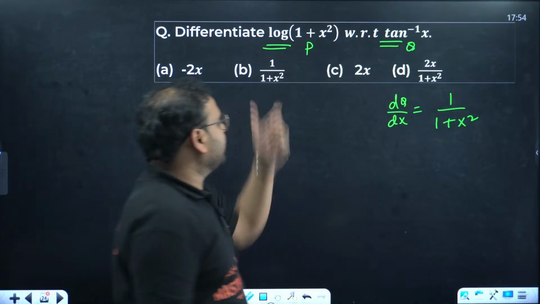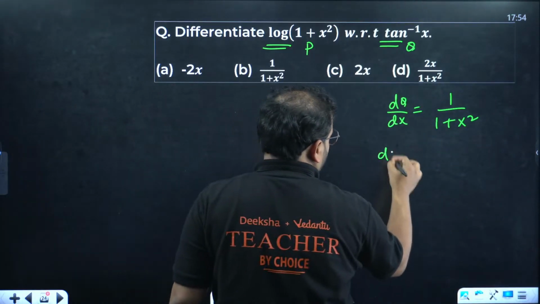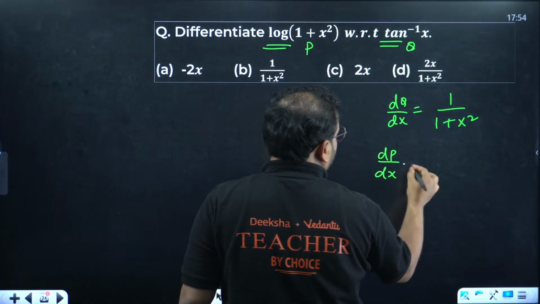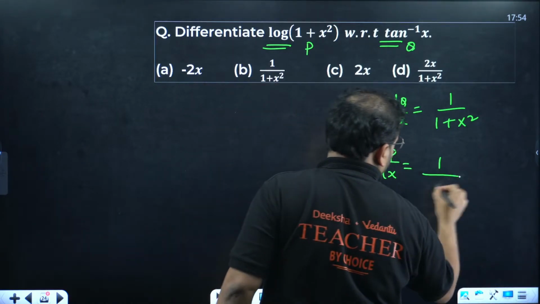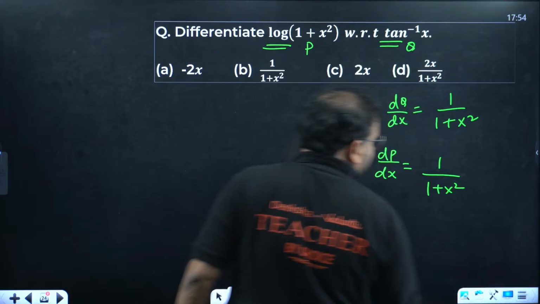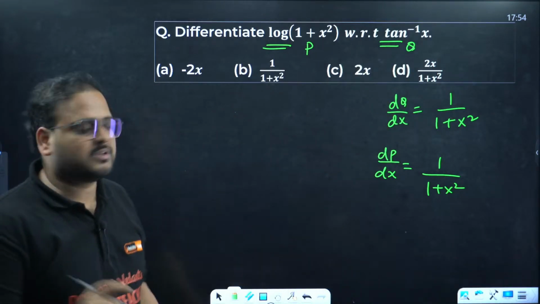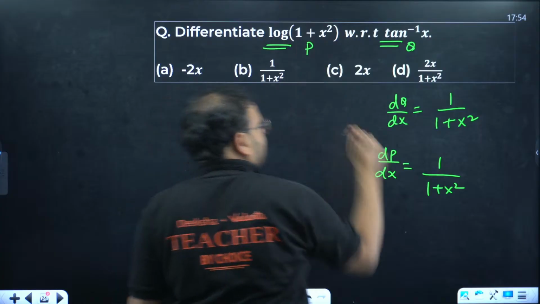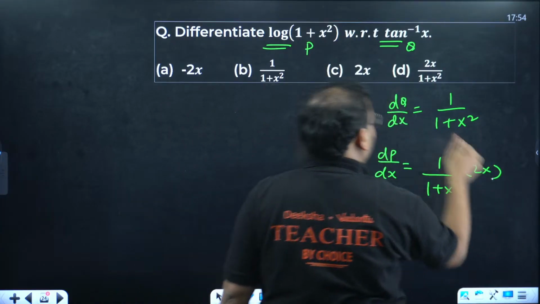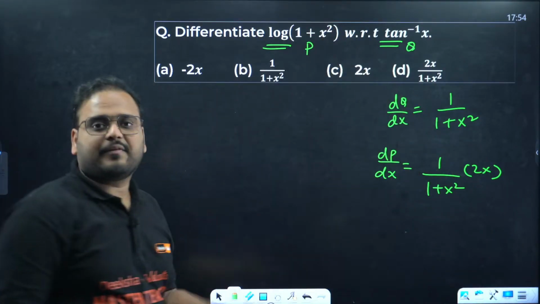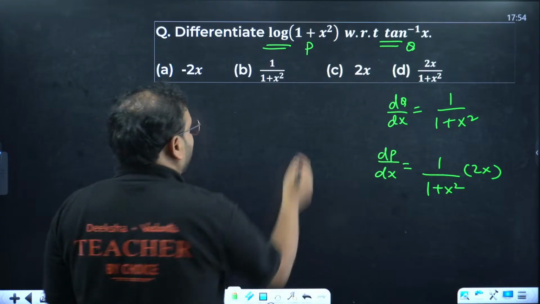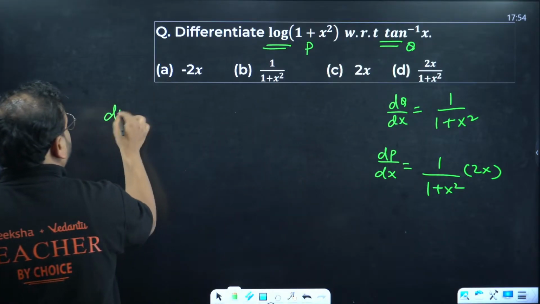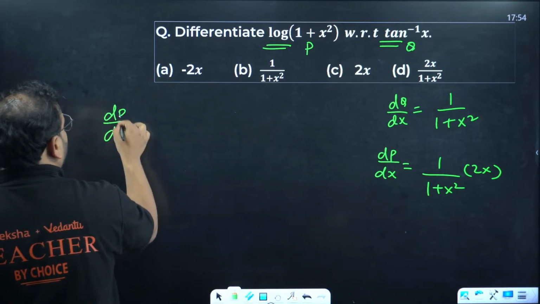What about this part over here? Derivative of log will be 1 upon x square. Is it sufficient? No sir, because that's for log. We're going to differentiate this as well. You'll have the answer as 2x, because the derivative of 1 is 0 and the derivative of x square is 2x. I want to find dp by dq, right?